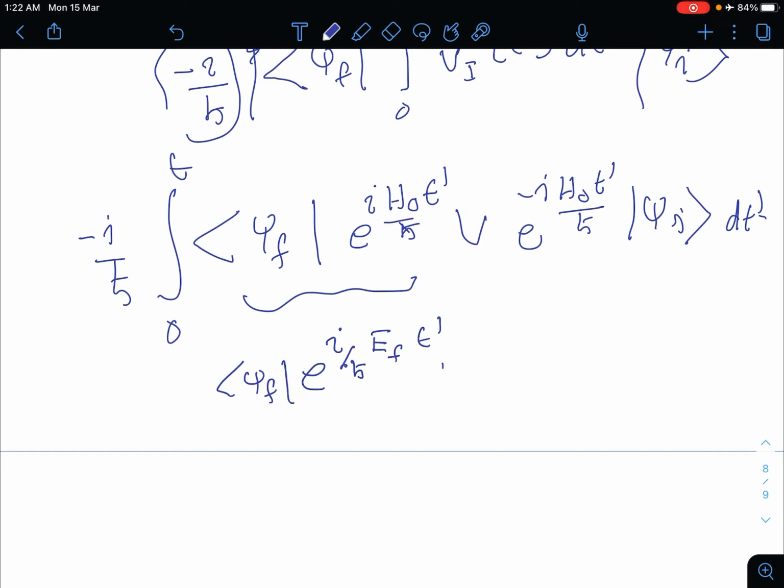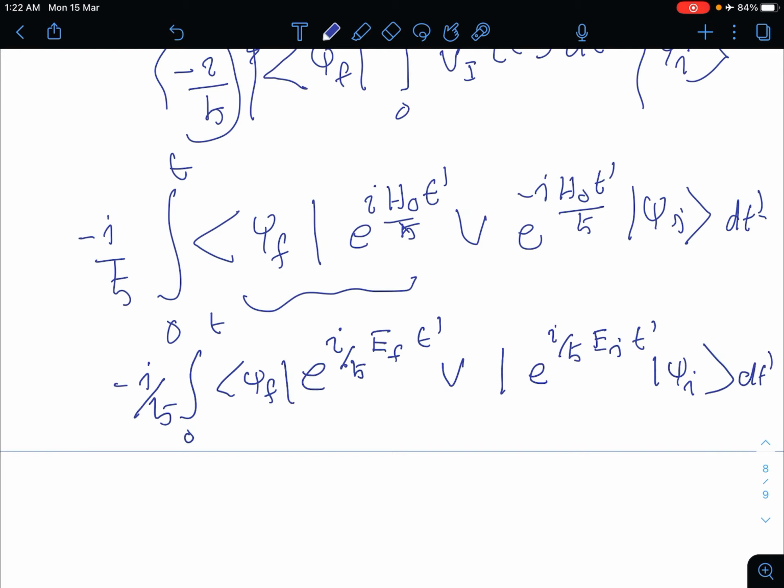Good. V e raised to i by h cross H0 acting on psi i, so that is simply e i t dash, good, psi i, integral 0 to t, minus i by h cross dt dash.